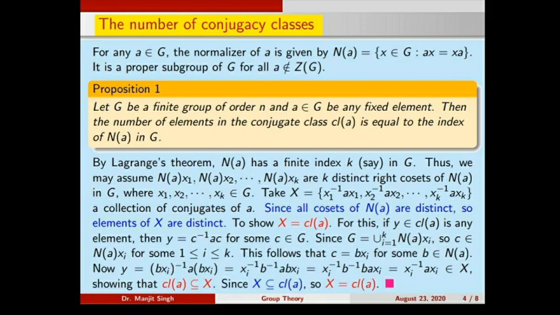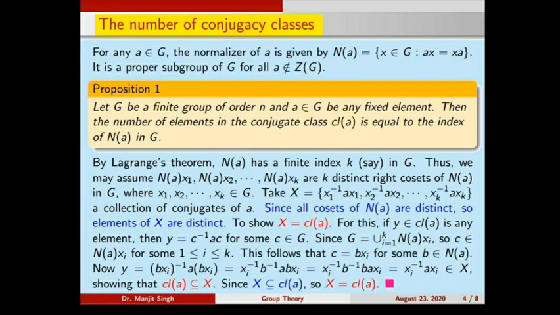Now you see that C belongs to G and G is a union of the right cosets N(A)xi. So C must be in at least one of the right cosets N(A)xi, and therefore C can be taken as B xi for some B belonging to N(A). Obviously AB equals BA in this case.